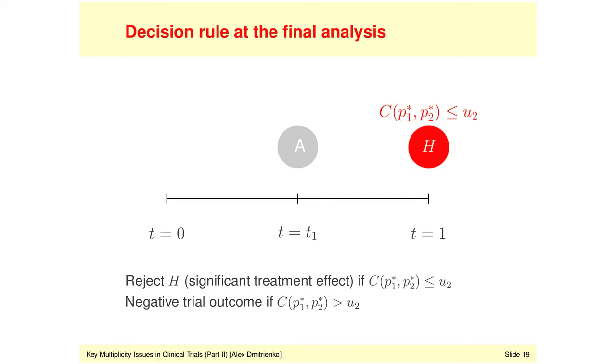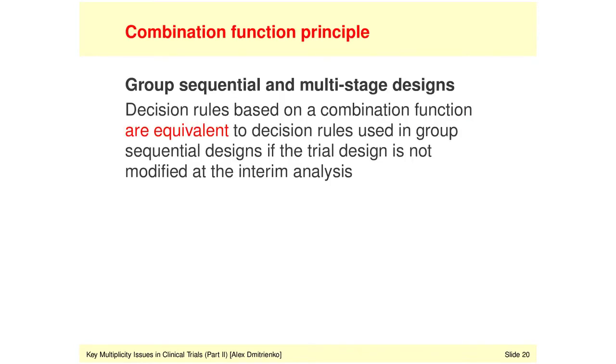Otherwise the trial's outcome will be declared negative. A very important conclusion regarding the relationship between group sequential and multi-stage designs is presented on the slide. As we have seen, decision rules based on a combination function are equivalent to decision rules used in group sequential designs, provided the trial's design is not modified at the interim analysis.